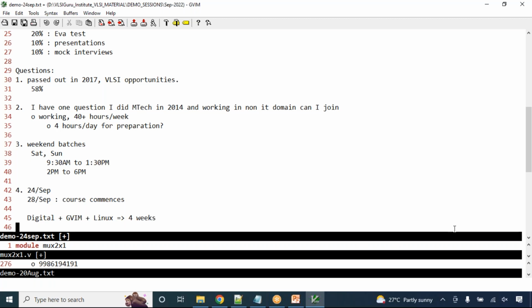The next question is about the synthesis course. For a freshers, I would say it's not good to do the synthesis course because there are not many job opportunities for synthesis engineers, fresher-wise. If you are experienced, yes, there are opportunities. Between verification and synthesis, verification is always the best domain.